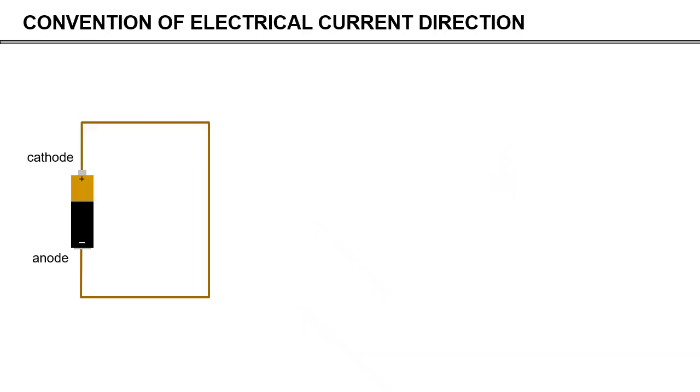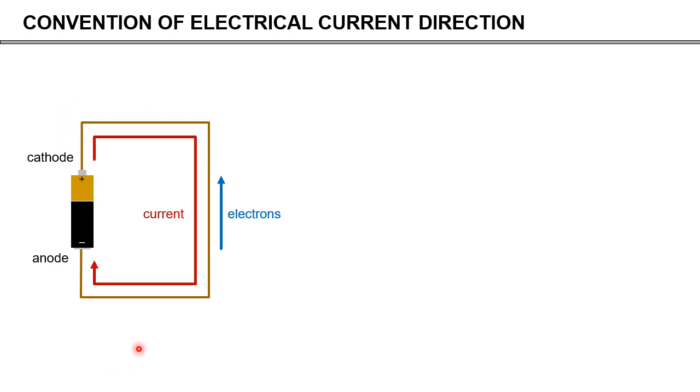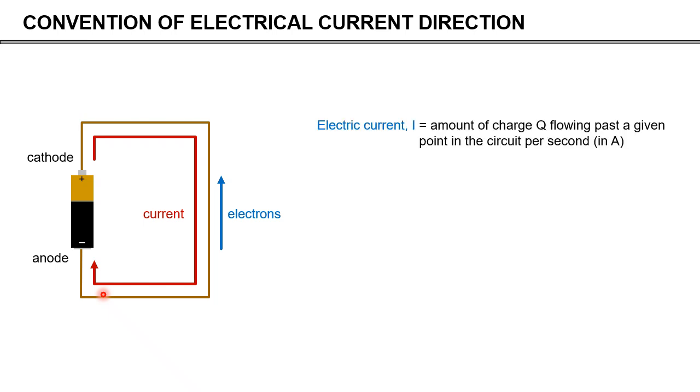Okay, a few words about electrical current and movement of electrons. So we already know that the electrons are moving from the anode to the cathode. However, classically, the electrical current is defined as going from the positive side to the negative side. It doesn't really matter, it's just good to be aware of this difference in motion.